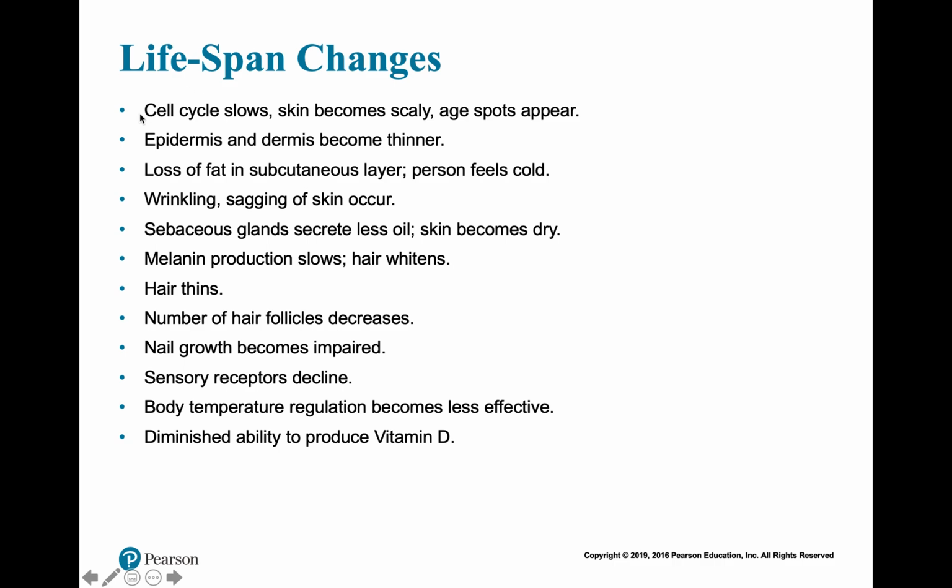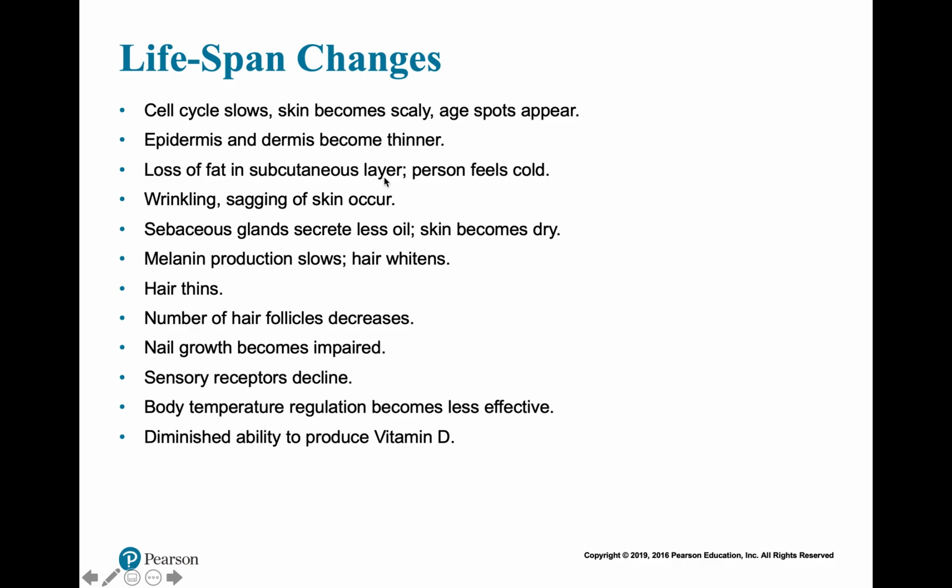Because our cell cycle slows and these cells aren't synthesizing new cells as quickly, our epidermis and our dermis become a lot thinner. This is why elderly individuals get bruises more easily. Their skin is also way more sensitive, because their epidermis gets much, much thinner, as well as their dermis over time.